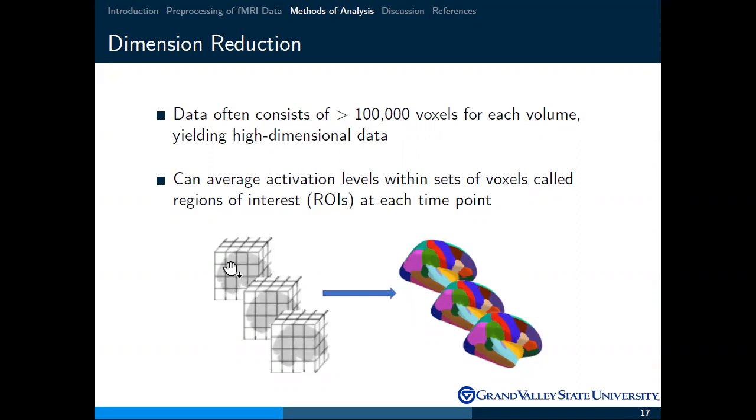Here's a depiction of this process, where you have a whole volume that typically has greater than 100,000 voxels, and then you average it into these areas at each time point, which reduces the dimensionality of the problem, because now we can analyze data at the ROI level, but it also increases interpretability.